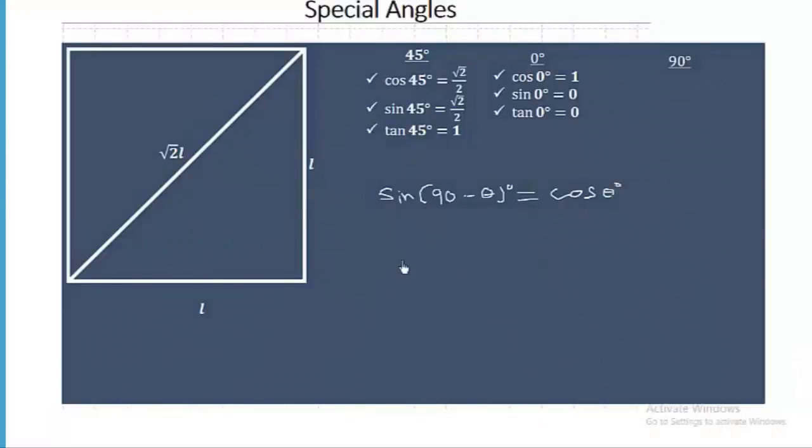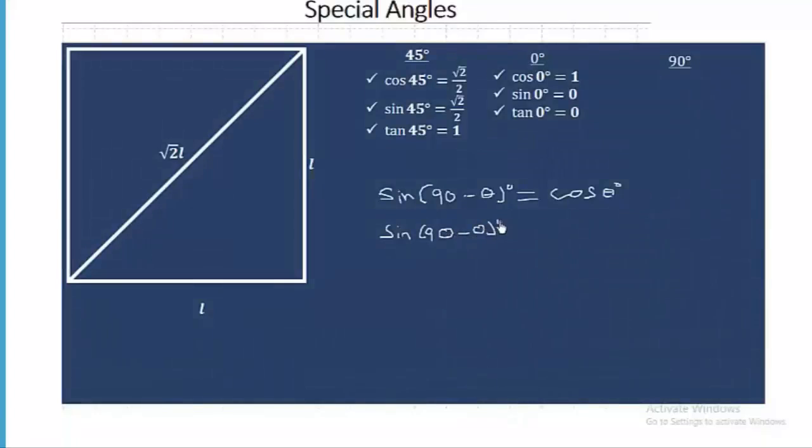Or the other way around. So we want to find sine 90. To get sine 90, then theta must be equal to 0. So we obtain sine 90 minus 0 degrees will be equal to cos 0 degrees.